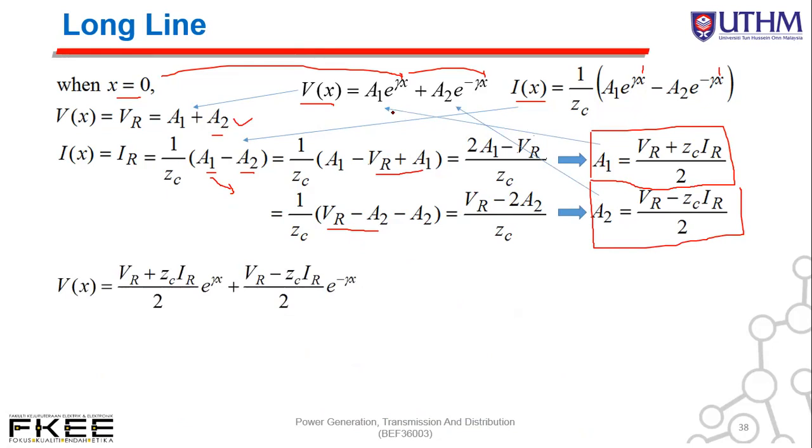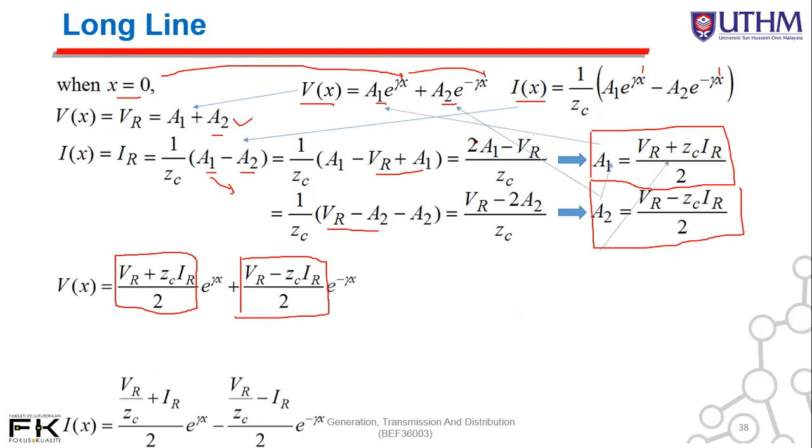So we got Vx equal to (VR plus Zc IR) over 2 times e^(γx), plus (VR minus Zc IR) over 2 times e^(−γx). This is A1, and this is A2 from this equation.